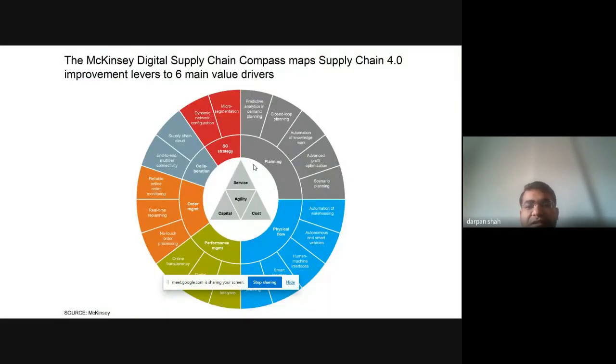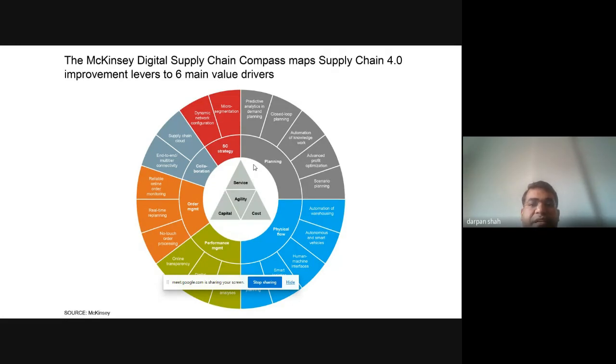This is an overview of how we have value drivers in supply chain 4.0, with agility being the key in capital, cost, and service areas. As you can see, planning is very important, as is automation in physical flow, and performance management, understanding what is going right, what is going wrong, and managing all these things.